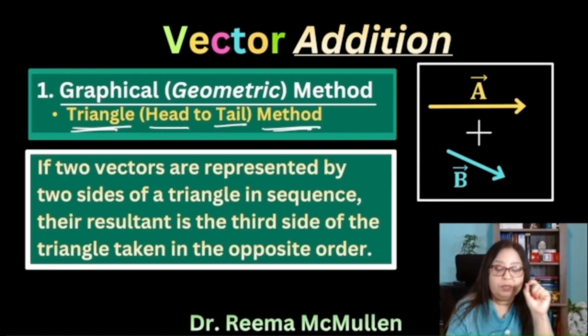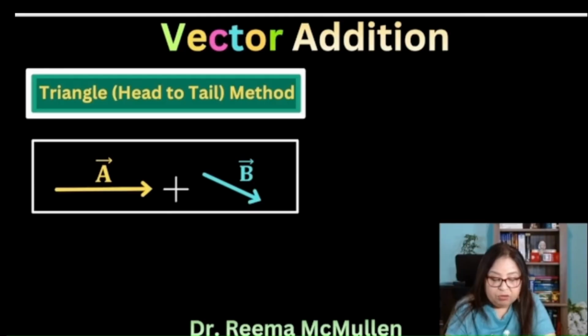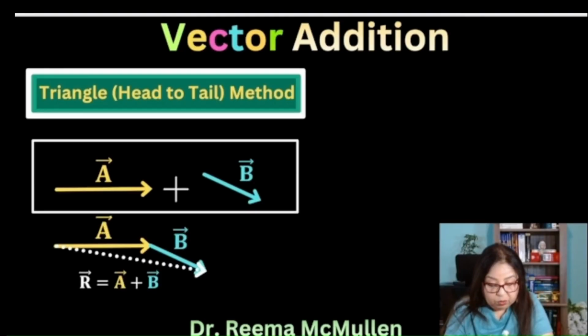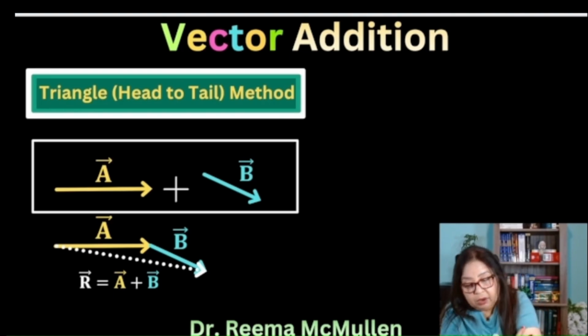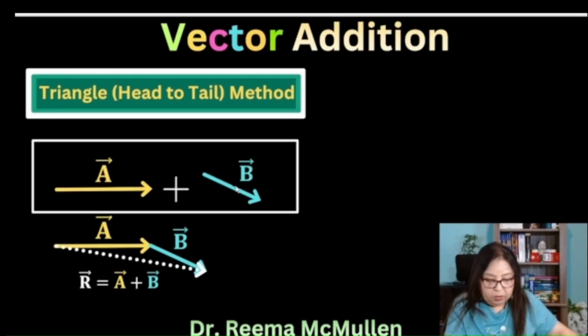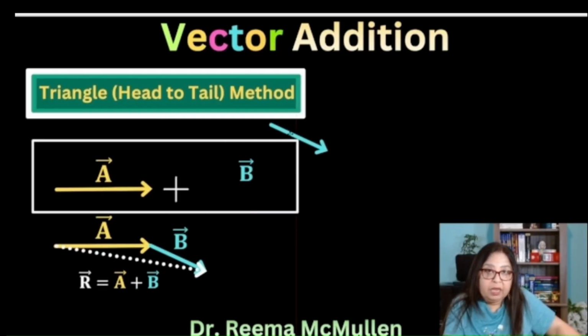So in the triangle method of vector addition, what we are going to do is grab this vector B and move it parallel to itself. See, I'm moving this vector B parallel to itself here on the screen.